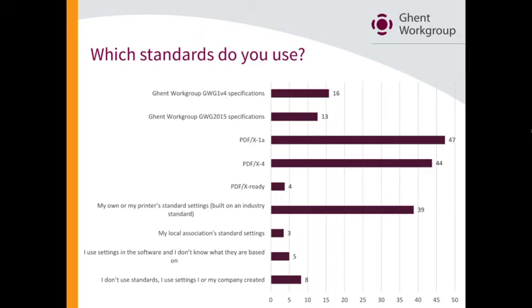What also scores high, of course, is my own settings, my printer standard settings, and in many cases, those are, of course, based on an industry standard like PDFX or the Ghent Workgroup. So that's about what we would expect. Still, a lot of people also use the Ghent Workgroup specification, so that's very good as well.